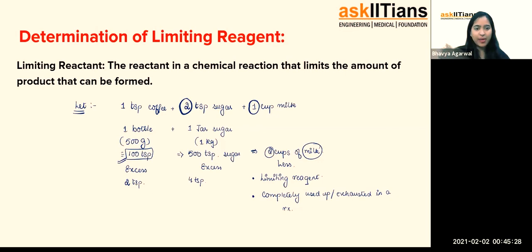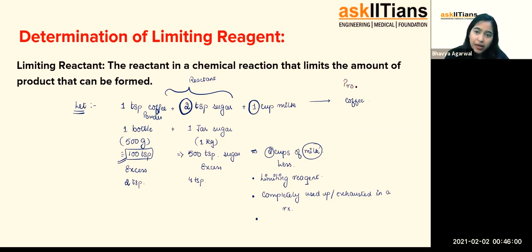Okay, so if I take them as reactants, it gets completely used up. It's not present anymore, right? Whatever the products that you'll be making, now, these all were the reactants, right? And the product is what? Beaten coffee, right? Well, let's call it as coffee powder so that you won't get confused.